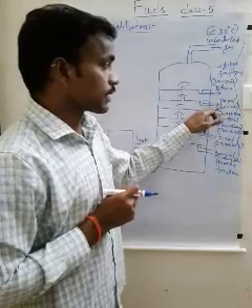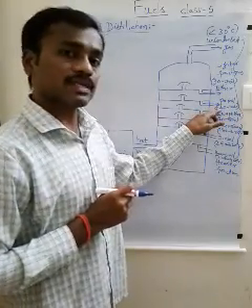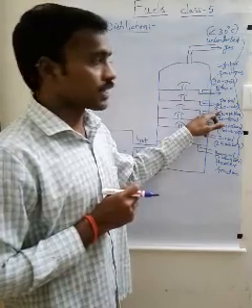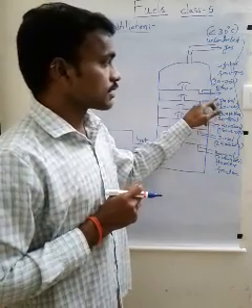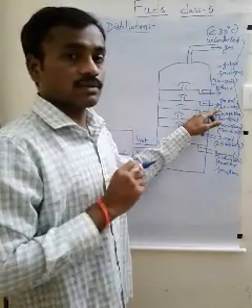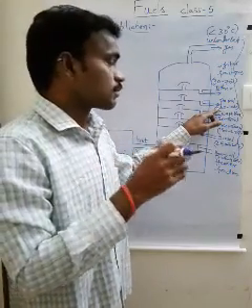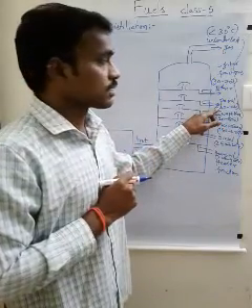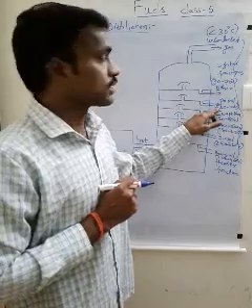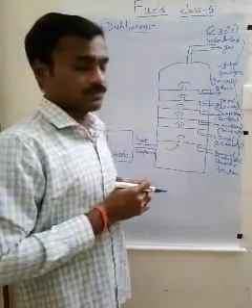That means the petrol is in vapor state above 40 degrees centigrade. When the temperature is below 40 degrees centigrade, that vapor becomes condensed and converted into liquid and that is separated out.